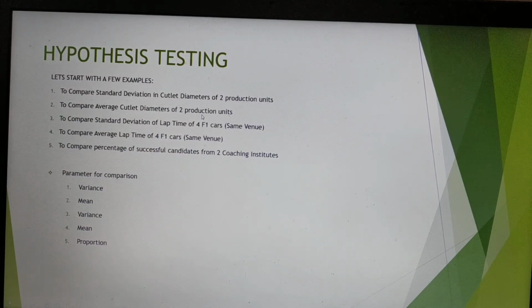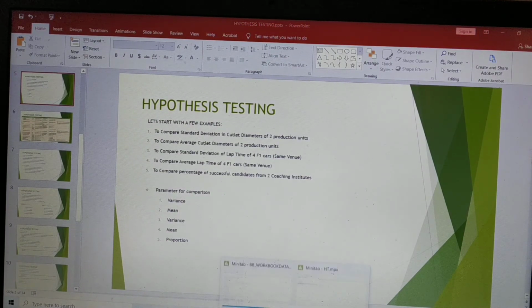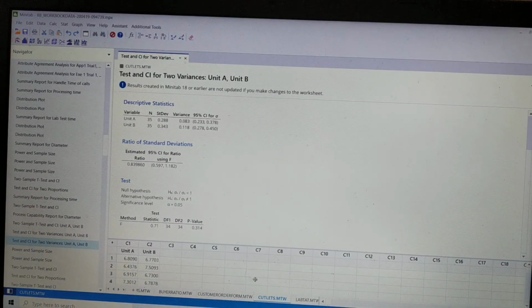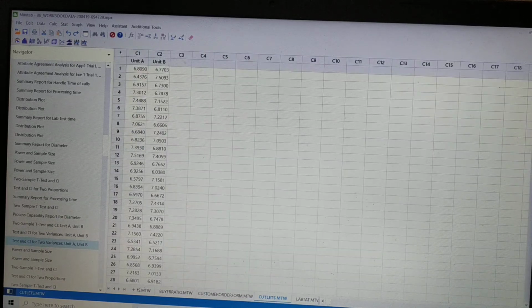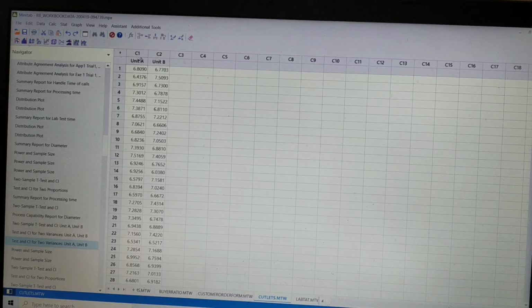We'll just see. Here we are given data for unit A and unit B. Here we have 35 samples for cutlets from production unit A and B. Now we'll perform hypothesis test.